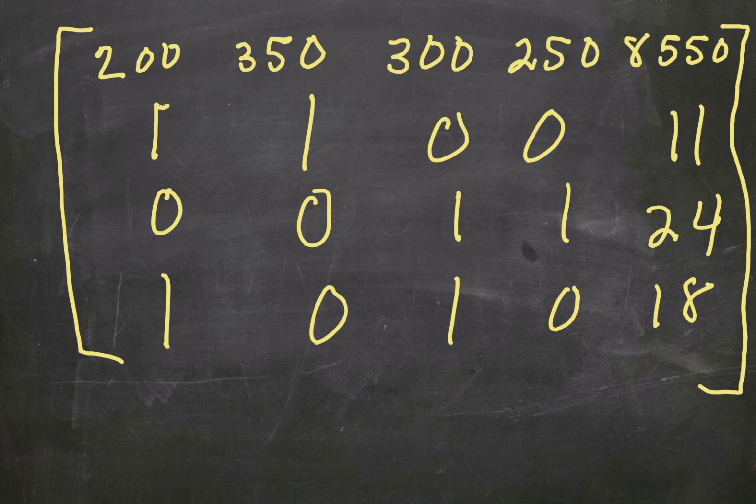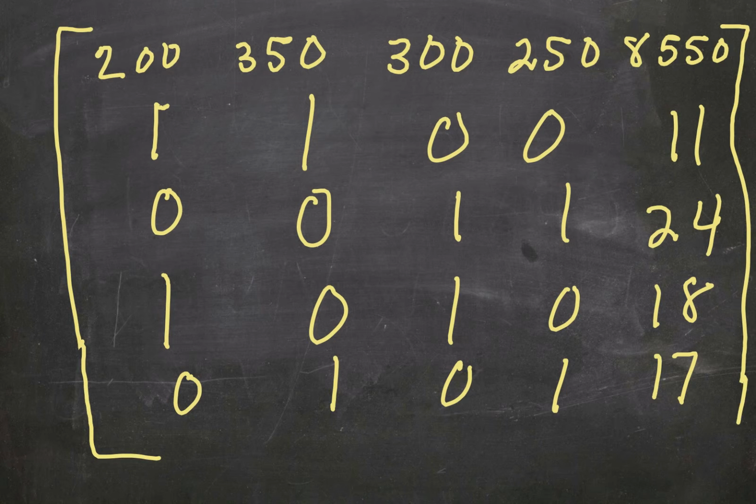And our last one was y plus w, so that'd be 0x, y, 0, 1, and 17. I'm going to extend my brackets out a little bit. There we go. So there's our matrix.